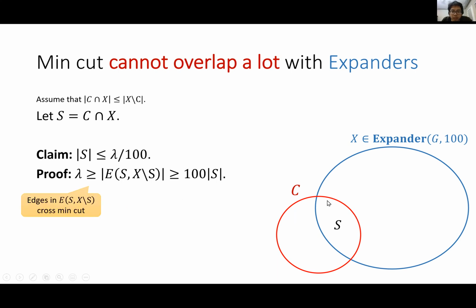So you look at here, the number of edges crossing S and X is at most the min cut edges, so this thing can be at most lambda. On the other hand, because of the expansion of the expander, we have that the number of edges crossing here must be at least 100 times S. Combining the two things, you get what we claim. So S cannot be too big.